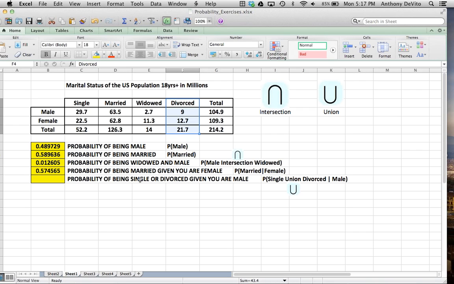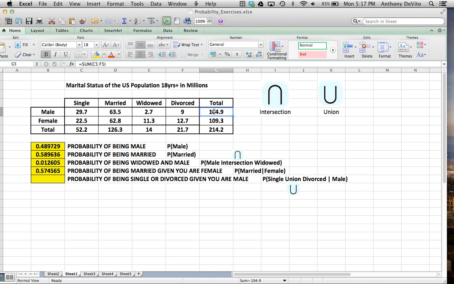But first, before we look at that, we're going to assume that the individual we took out of this population is male. So we're only looking at the males, right? So our denominator is going to be 104.9, because given that they're male is what we're concerned with.